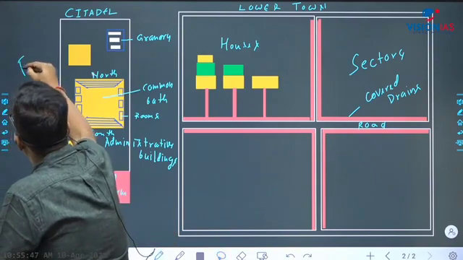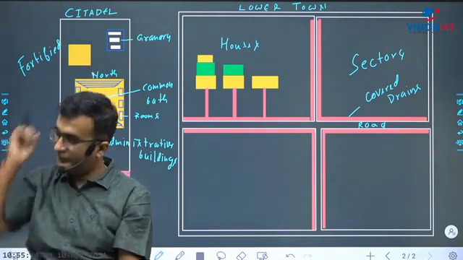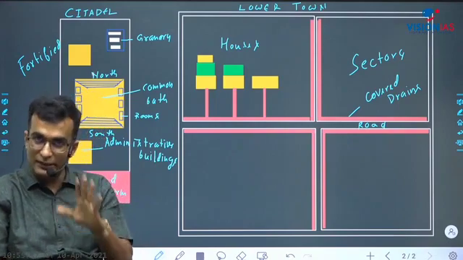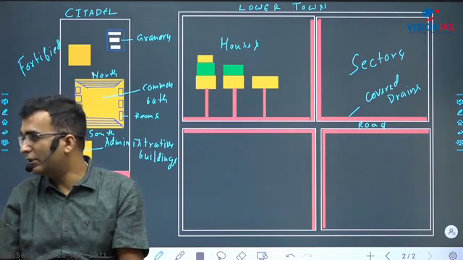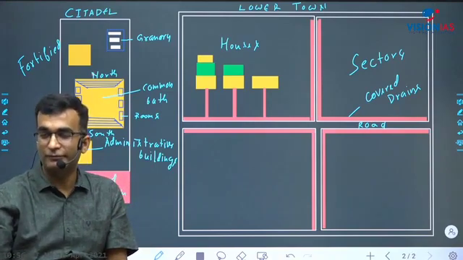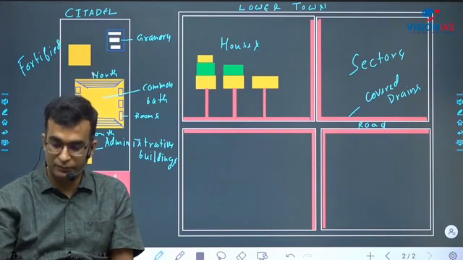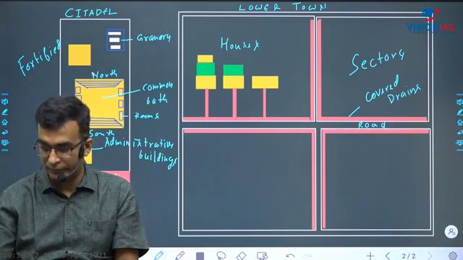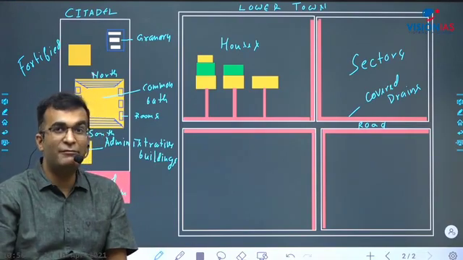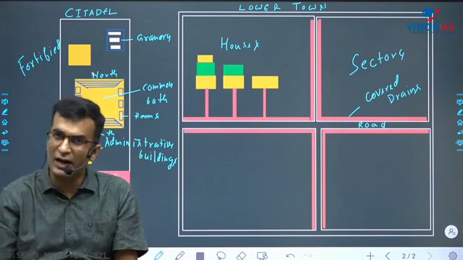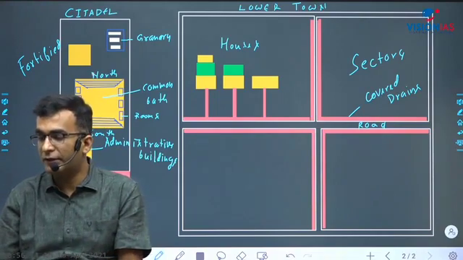Then write: this section of the town was meant for administrative buildings, or was meant for administration. Full stop.